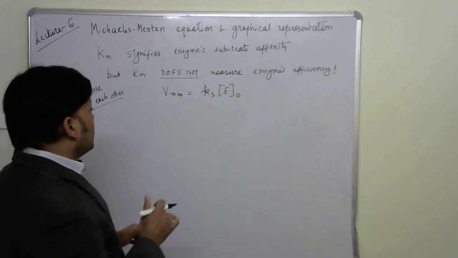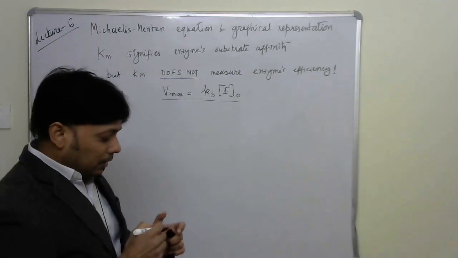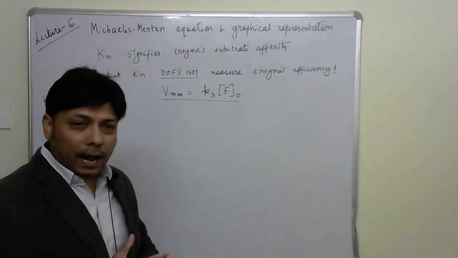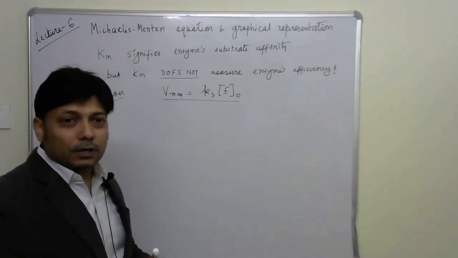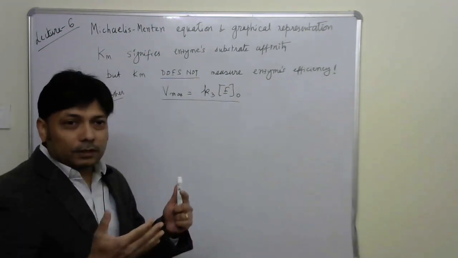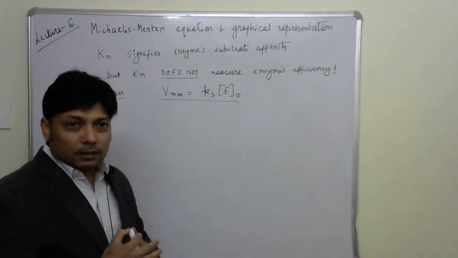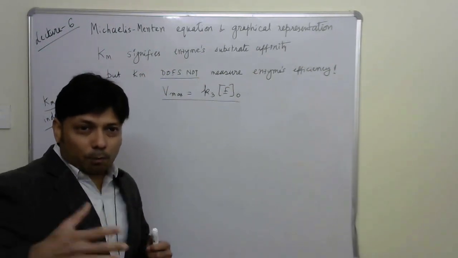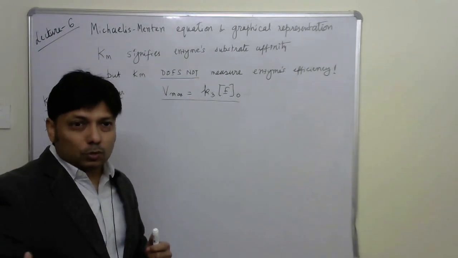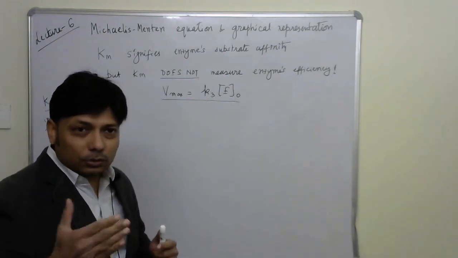Now let's look at the Vmax. Vmax is the maximum rate at which the catalysis would be done. So basically, this is the outcome of the catalysis. The higher the Vmax, the more molecules per unit time would be converted into the product.